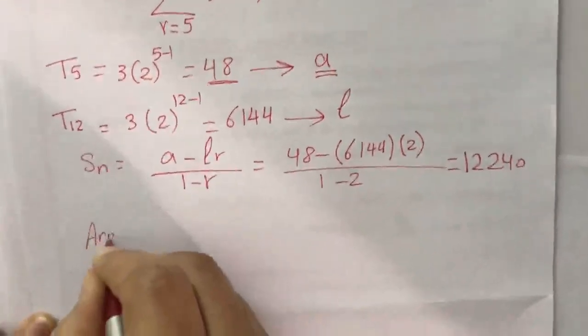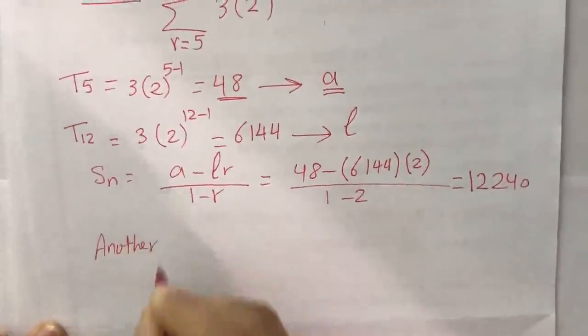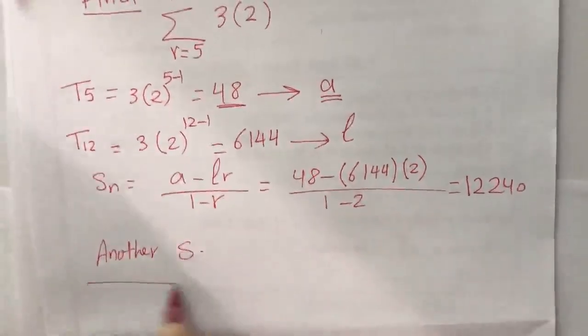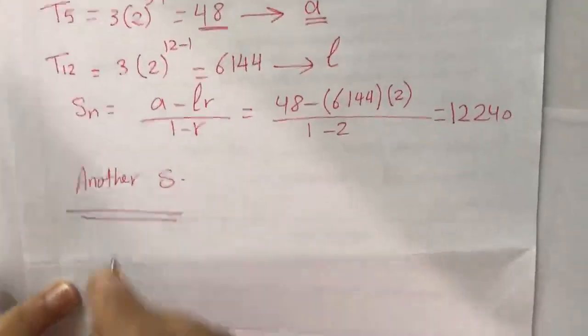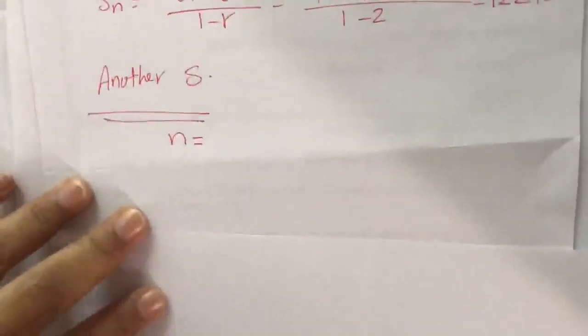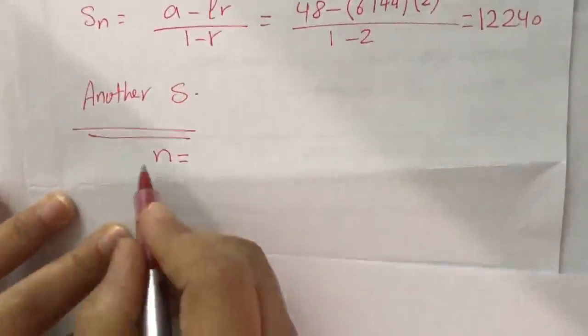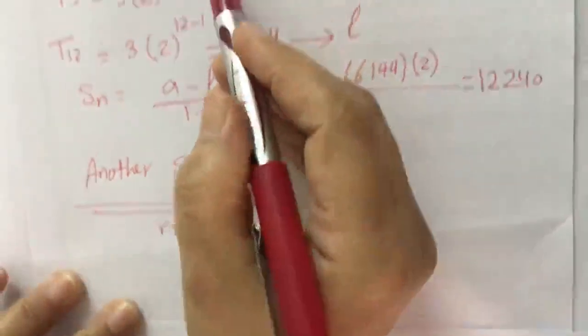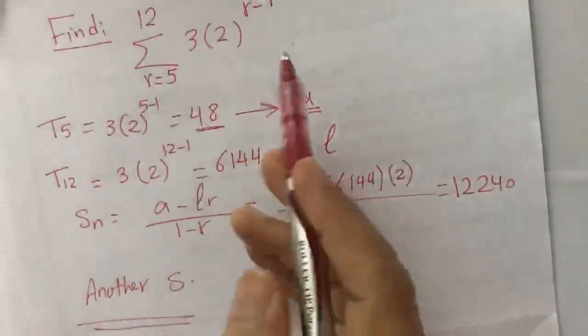We have another solution. Here I will use the first rule, not the second one. N is the number of terms here. Some people said 12 minus 5, it will be 7.